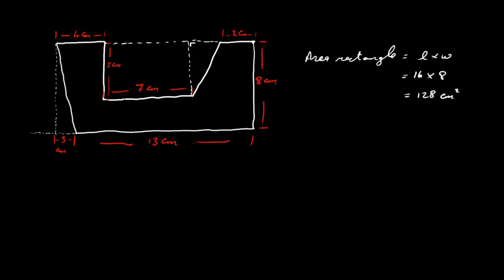So this rectangle here is going to have dimensions 5 by 7. Our triangle here is also going to have a height of 5 centimeters, but we don't have this dimension here. Now this dimension here is going to be all of this, and then we've got to subtract these horizontal dimensions here.